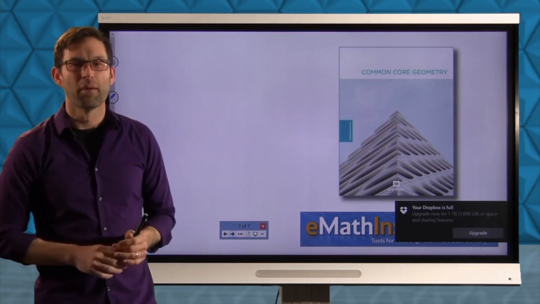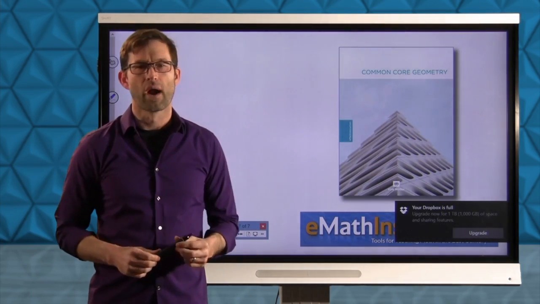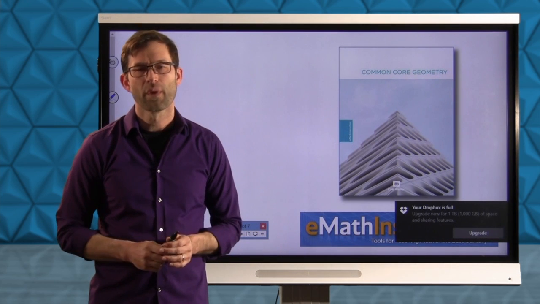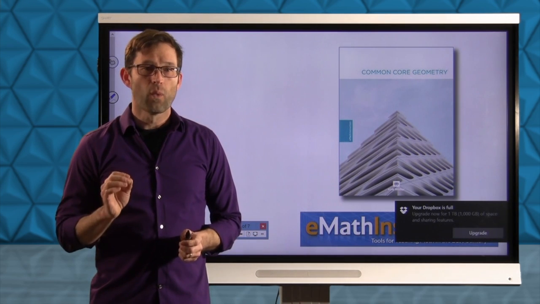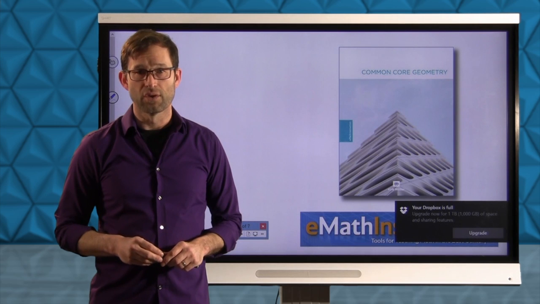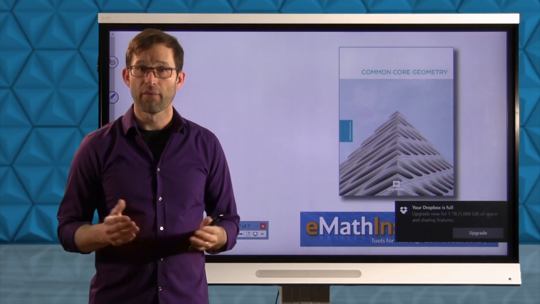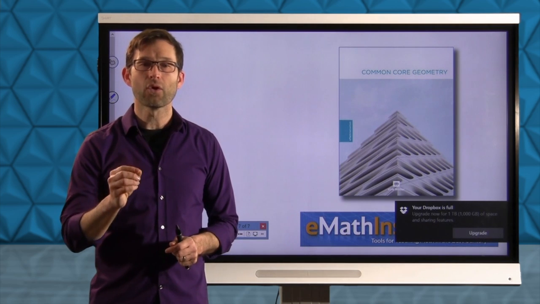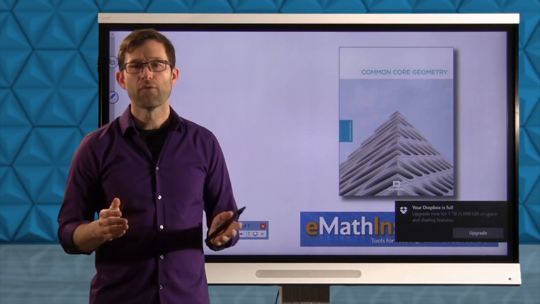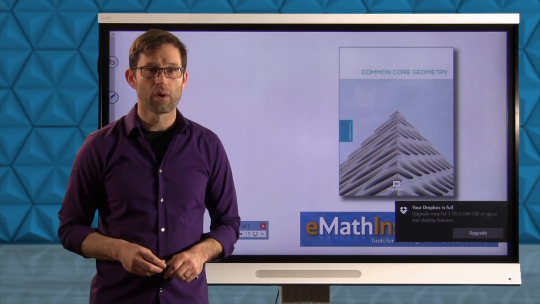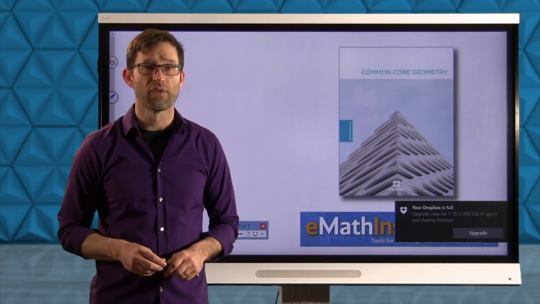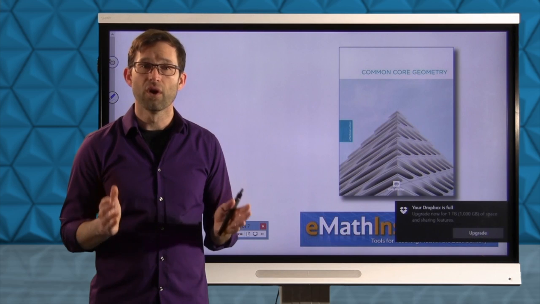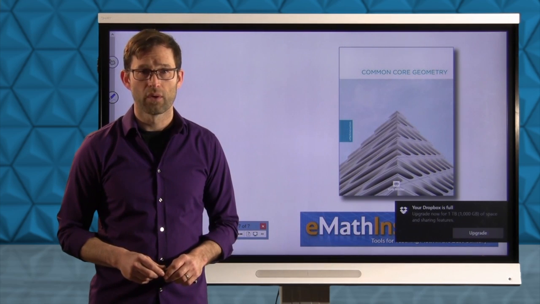Okay, let's wrap up this lesson. In today's lesson, what we did is we looked at different rotations, right? We looked at rotations about the origin and about other points, and we specifically kept them in increments of 90 degrees. If you're worried about what you would do with a 60-degree rotation, a 30-degree rotation, things like that in the coordinate plane, you don't have anything to worry about right now, okay?